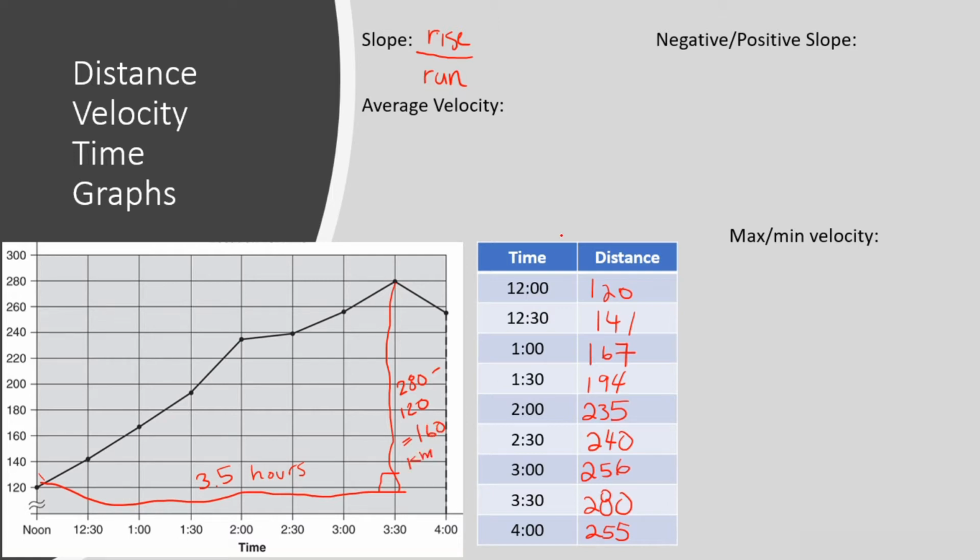Taking that back to my formula, the rise of that triangle is 160 and the run is 3.5. That gives us our slope. What will that represent? The average velocity between noon and 3:30.